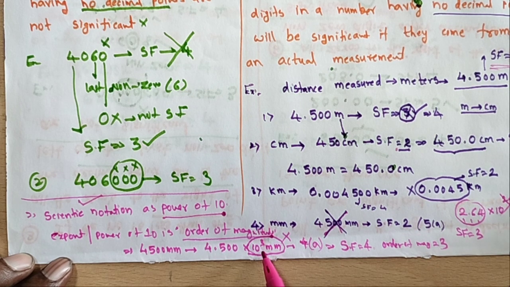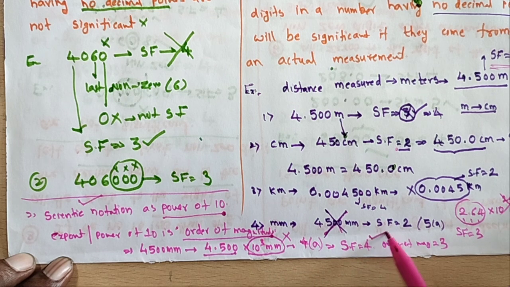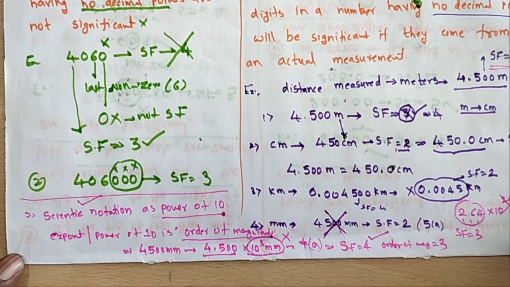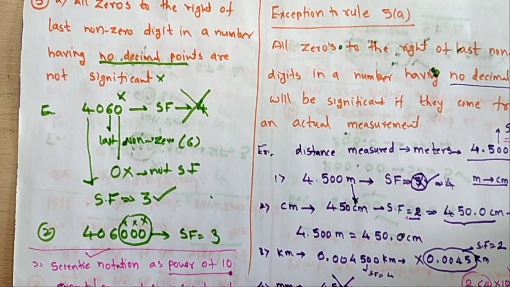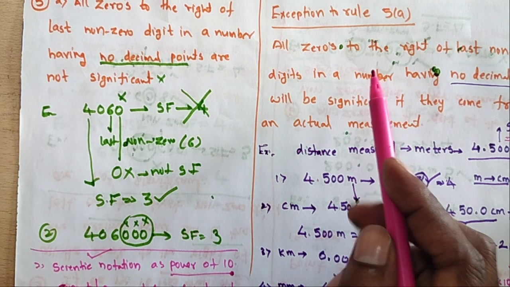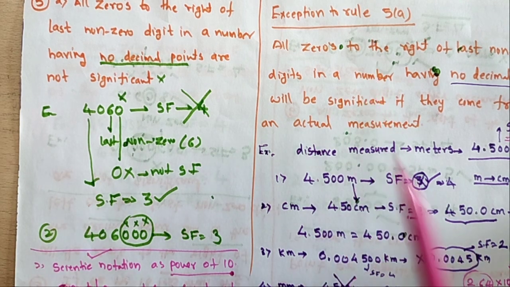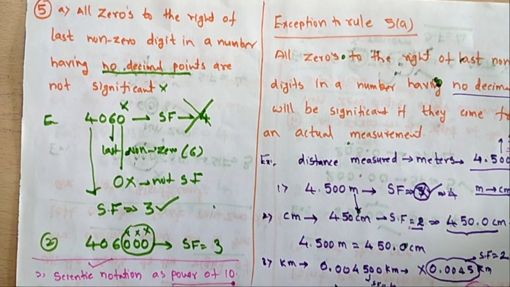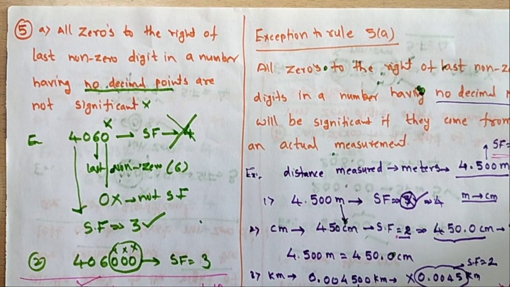So 10 cube is not a significant figure, but 4.500 is, with 4 significant figures. So these are all the rules about significant figures, especially rule numbers 1, 2, 3, 4, 5 and the exceptional rule 5a. Especially for JEE Mains and NEET, this type of problem is given: the number of significant figures.